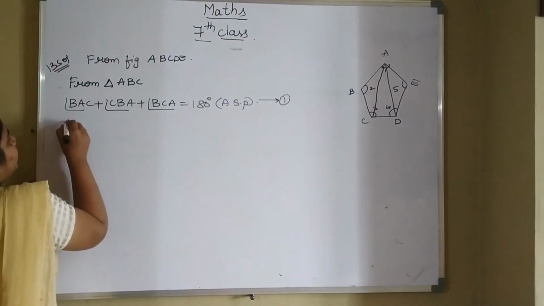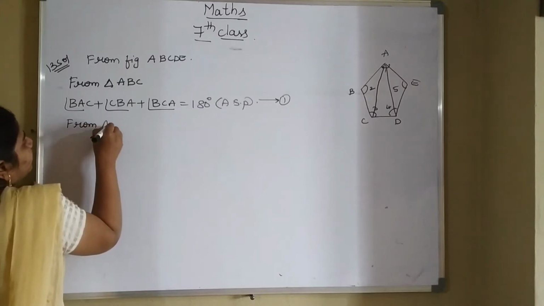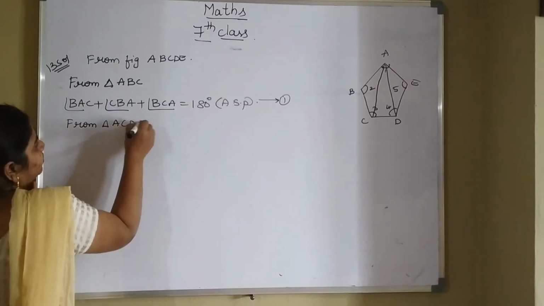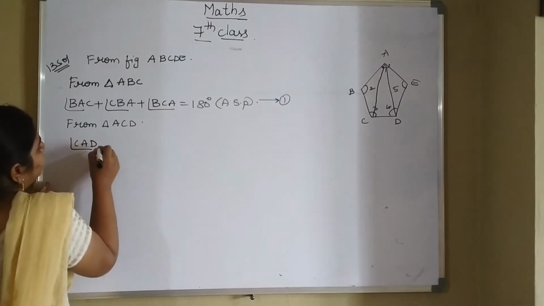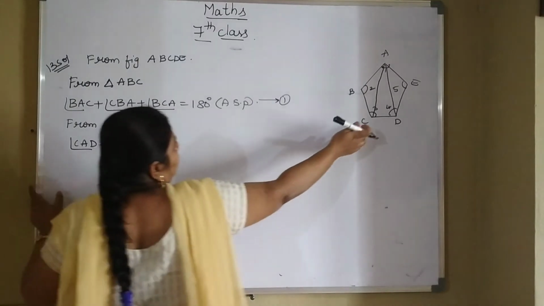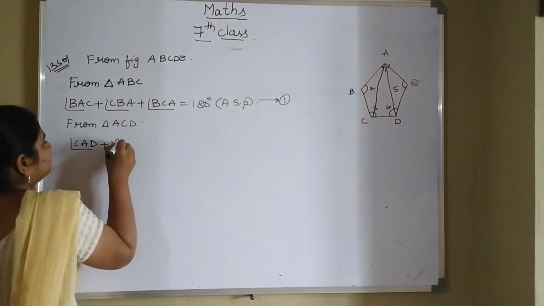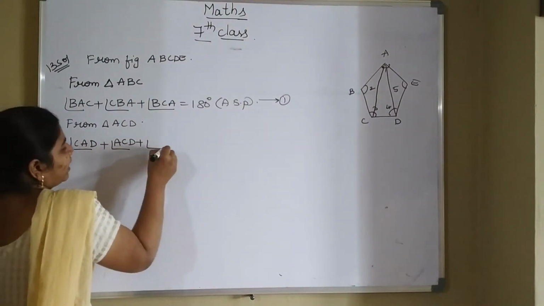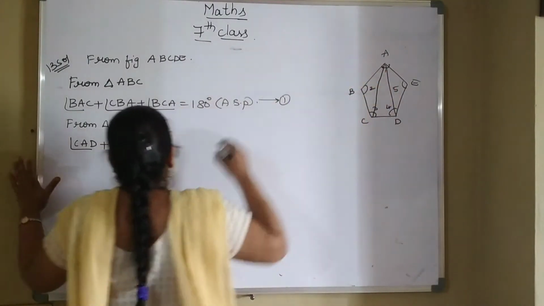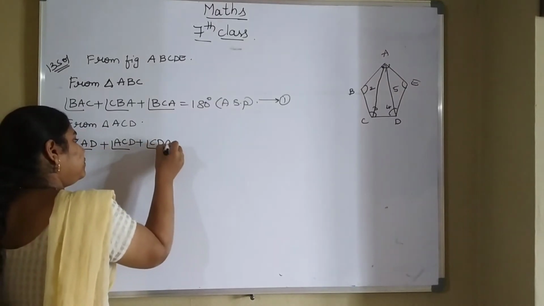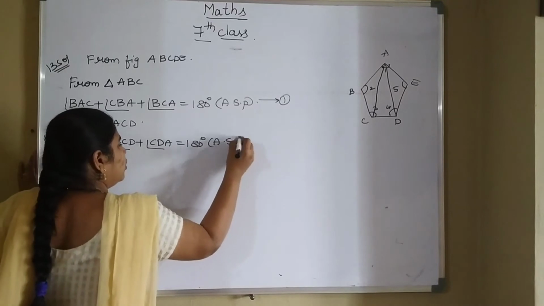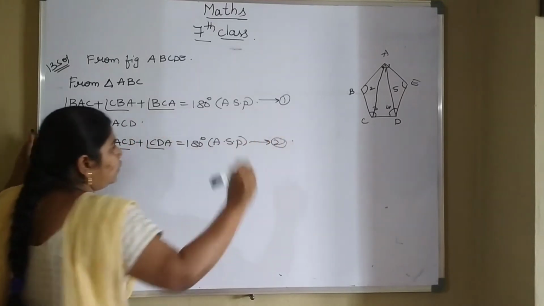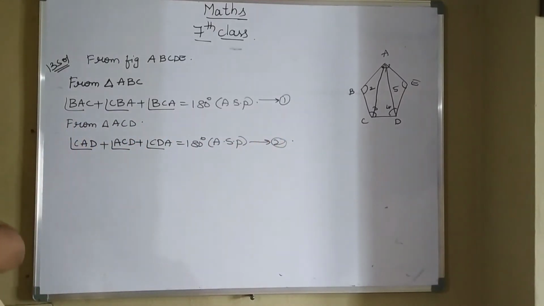You write here from triangle ACD: angle A is CAD plus angle C is ACD plus angle D is CDA is equal to 180 degrees by using angle sum property. This is equation number 2, the previous one is expression number 1.